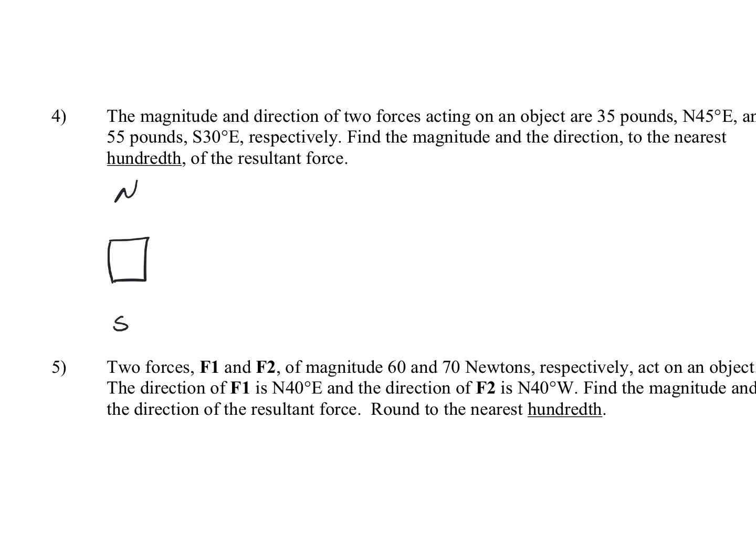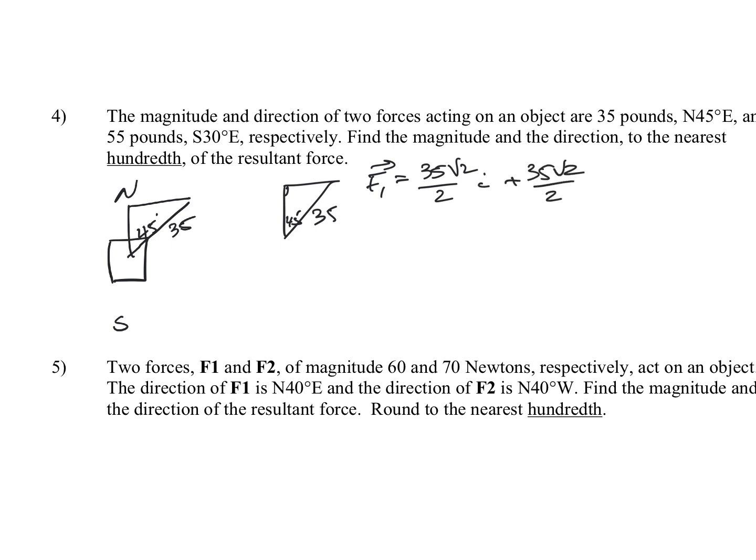The first one is north 45 degrees east with a magnitude of 35 pounds. Since this is fortunately a special right triangle, it's quite easy for me to find the side lengths. Using my special right triangle ratios, I get 35 root 2 over 2 i plus 35 root 2 over 2 j.